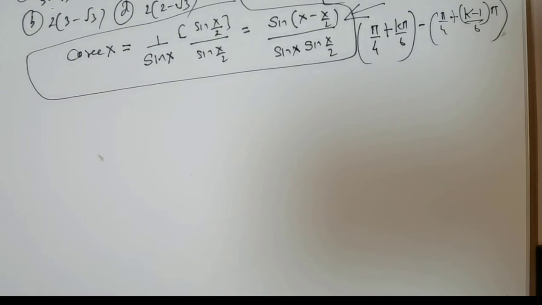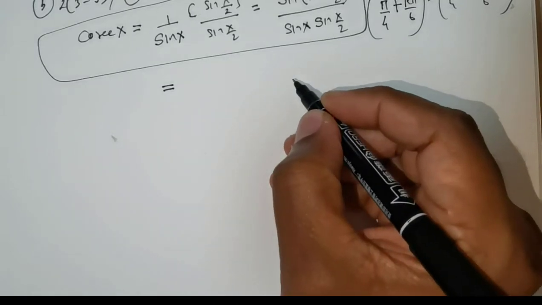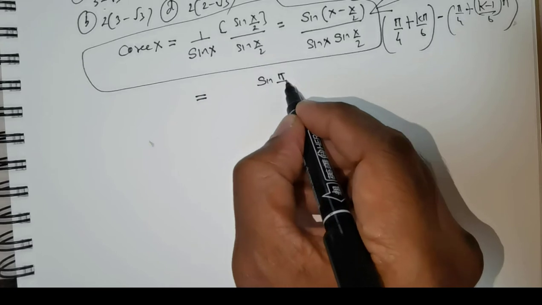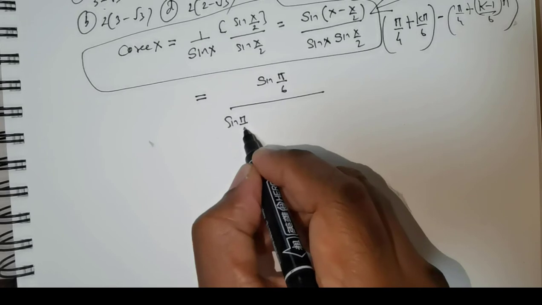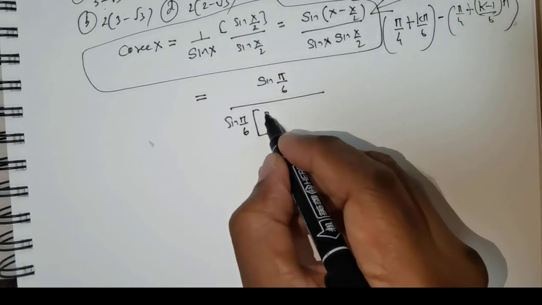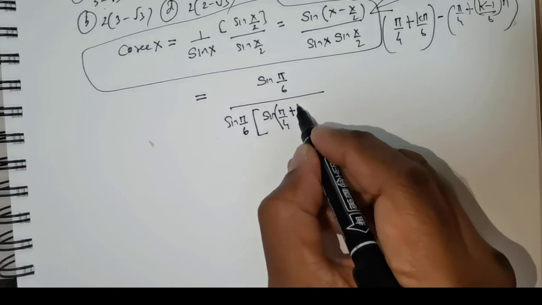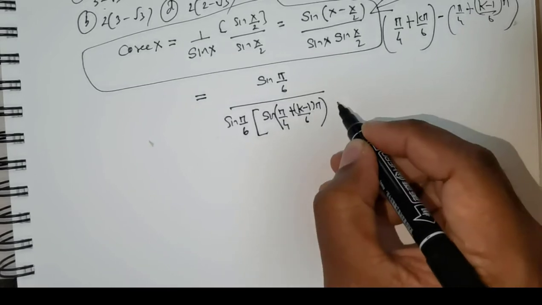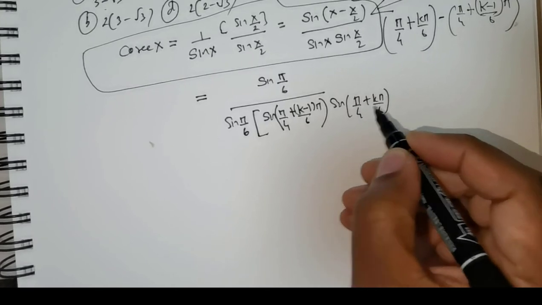So to start off, I will multiply and divide by sine pi over 6, times the term 1 over sine of pi over 4 plus k minus 1 times pi over 6, times sine of pi over 4 plus k pi over 6.